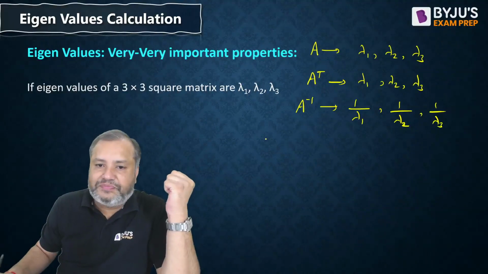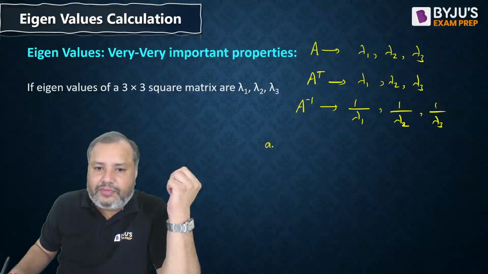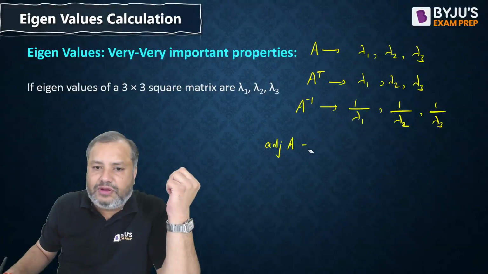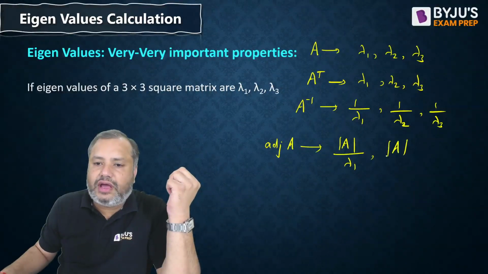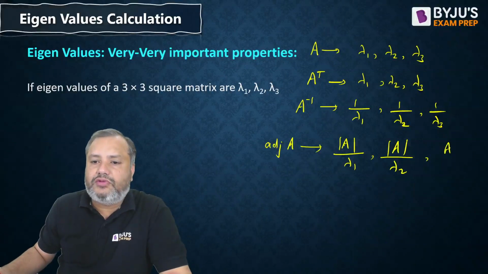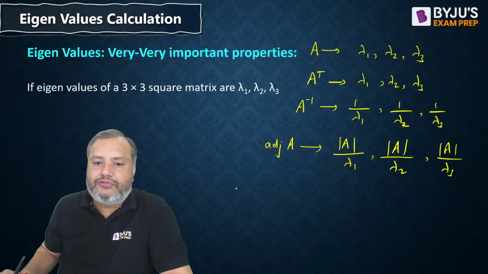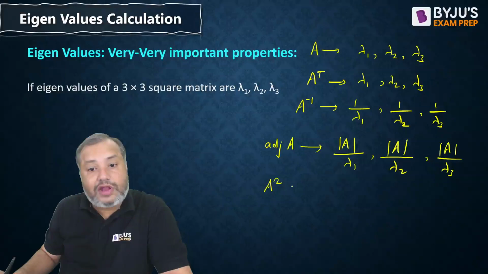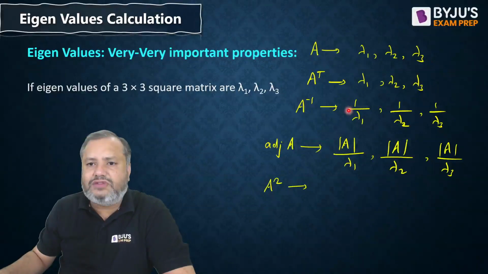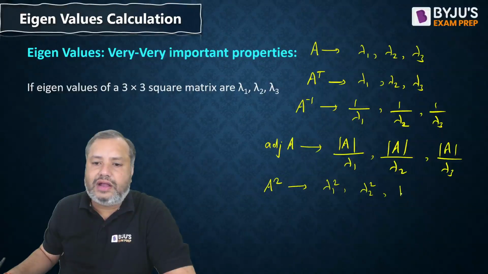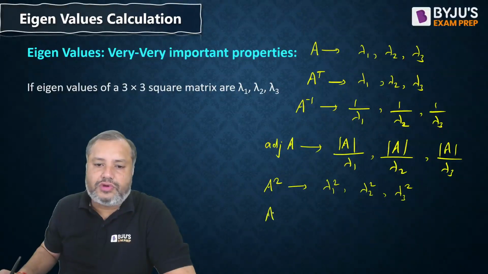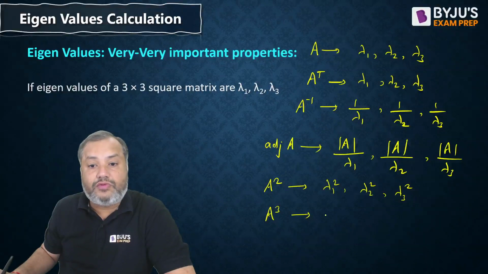what a concept. Now, if I proceed further, if I am looking for the eigenvalues of the adjoint of that matrix, then the eigenvalues will be determinant of A upon lambda 1, determinant of A upon lambda 2 and determinant of A upon lambda 3. And further, if you are looking for the eigenvalues of A square, just square the eigenvalues of matrix A: lambda 1 square, lambda 2 square and lambda 3 square. If you are looking for the eigenvalues of A cube, then what?